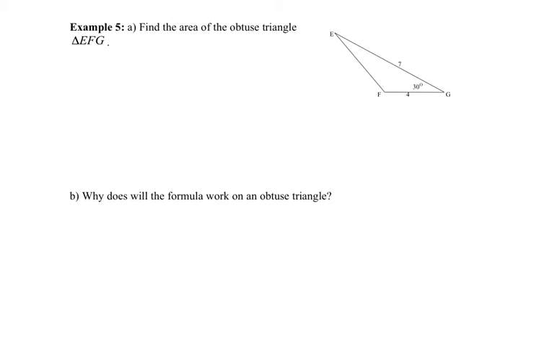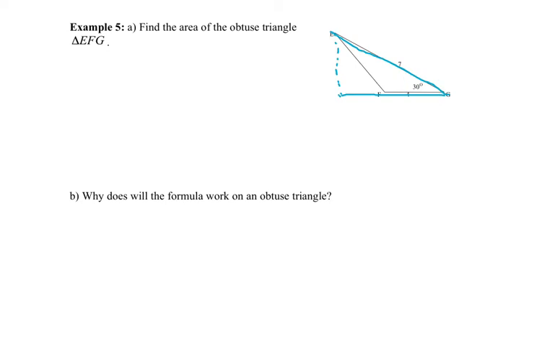All right, let's try it for an obtuse triangle. So in this obtuse triangle, 4 is my base. I'm going to put in a height. So here's my height over here. Well, in this big triangle here, my height is going to be 7 sine 30.